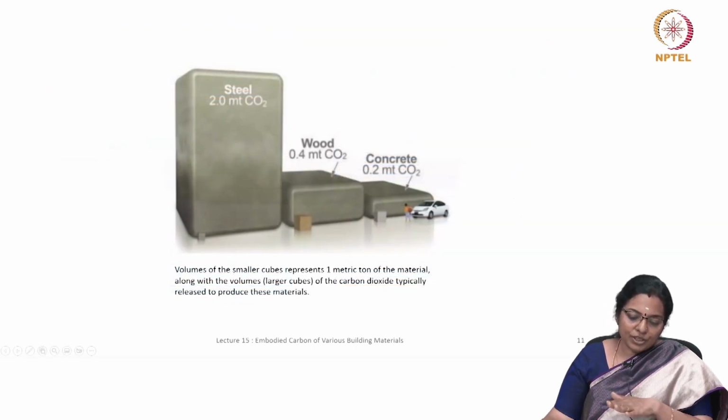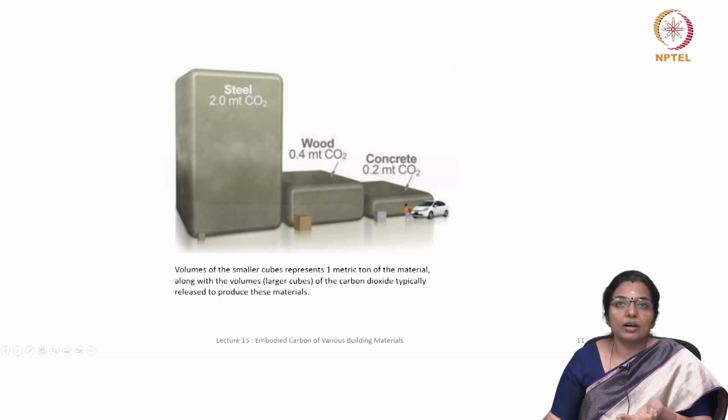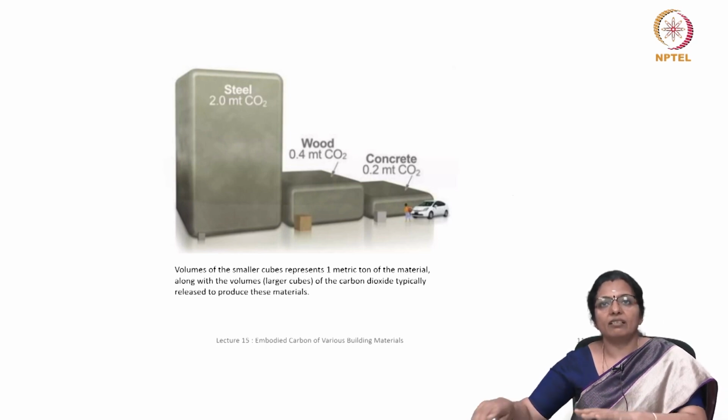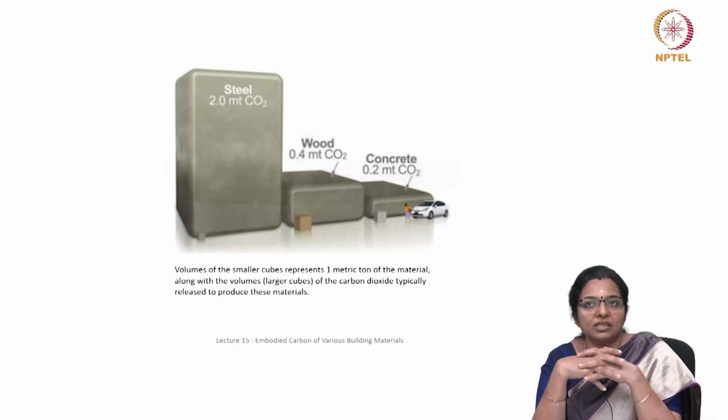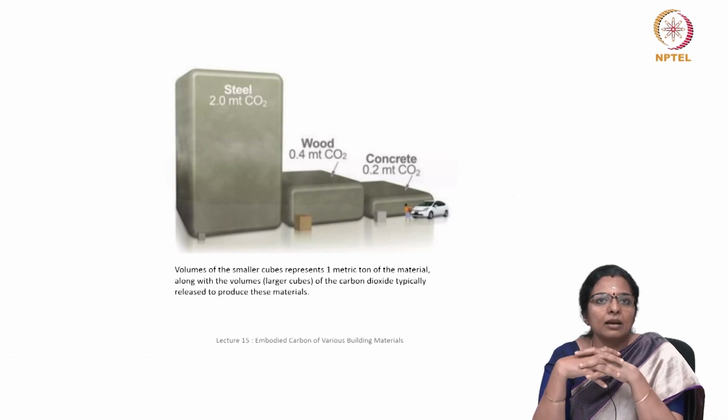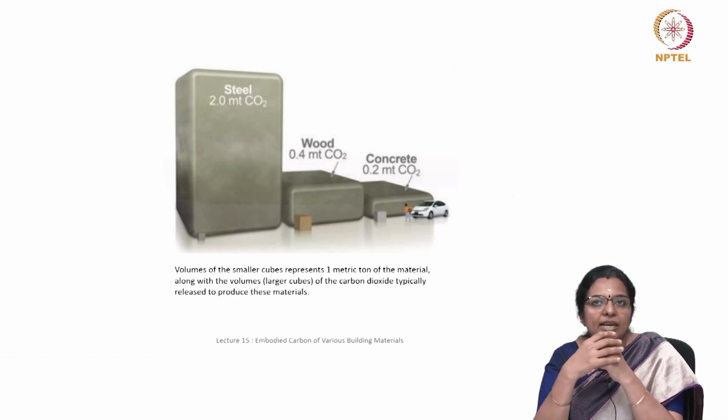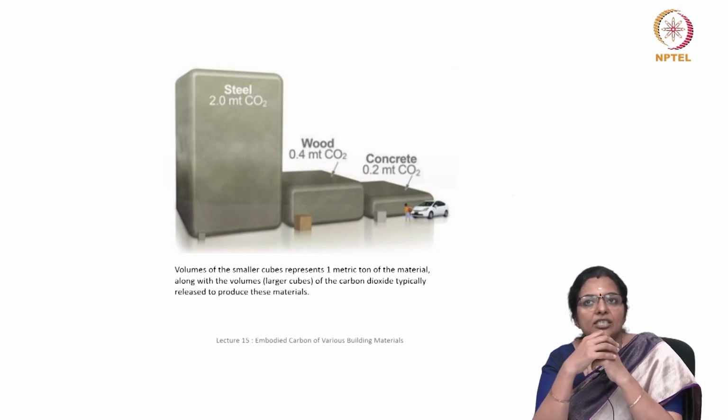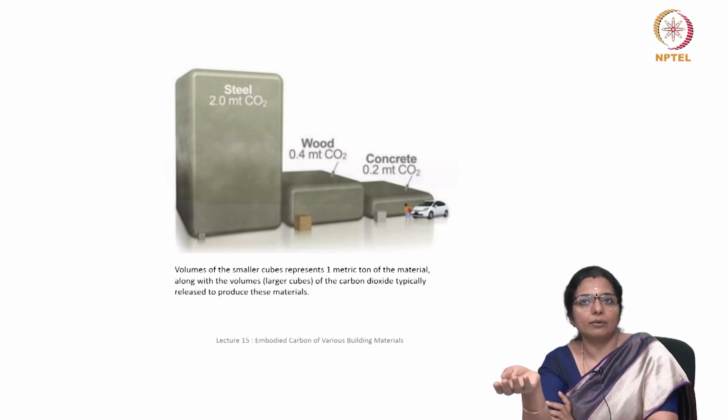And what we should also understand is, here we have taken 3 of the most common construction materials and their relative carbon dioxide emission for 1 metric ton of the material product. Steel has the highest carbon footprint as there is a long process and a lot of energy involved in extracting it from the iron ore and converting it into steel.